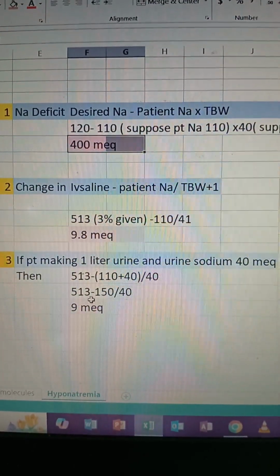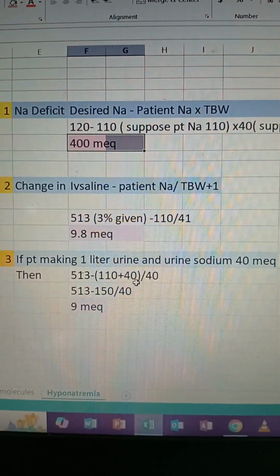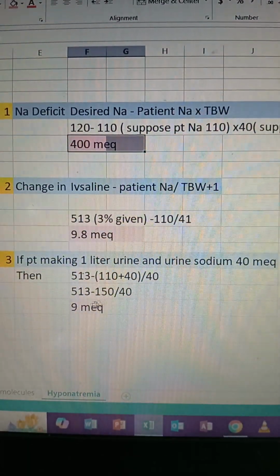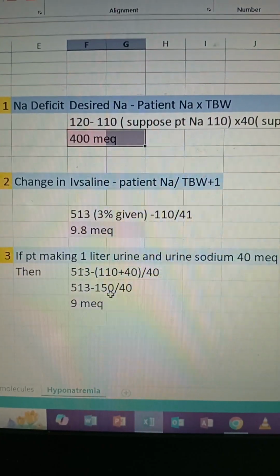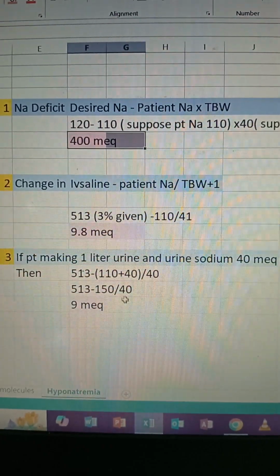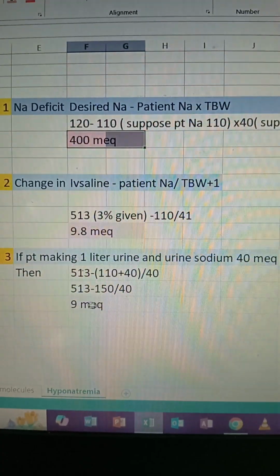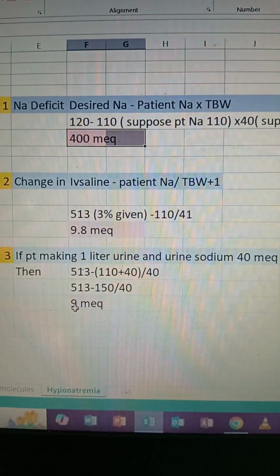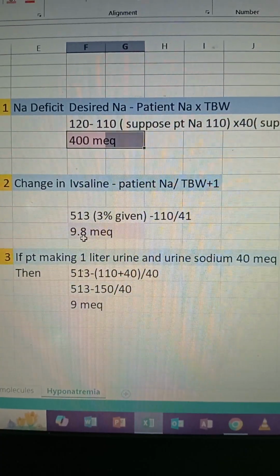And when you subtract this figure, 110 serum sodium plus urine 40, it turns out to be 513 minus 150 divided by total body water, which makes 9 milliequivalent, meaning the change of sodium would be 9 milliequivalent, not 9.8.